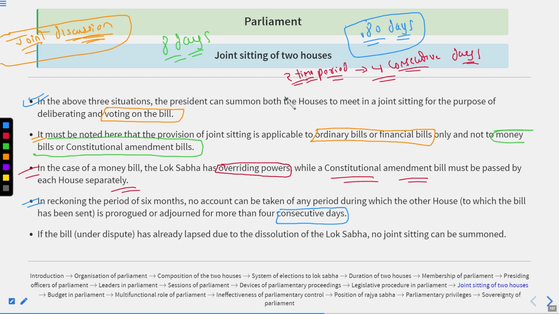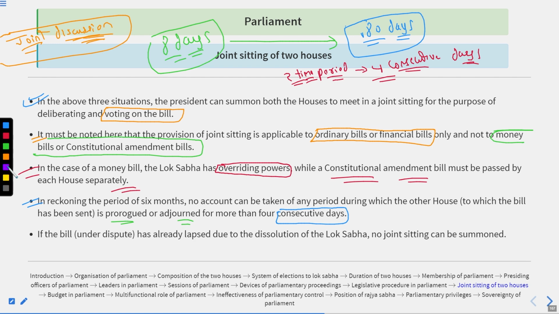Because there are 2 time periods. These 8 days will be subtracted from these 180 days. It means the period during which the house was prorogued or adjourned for 4 consecutive days will not count in the 180 days in total.